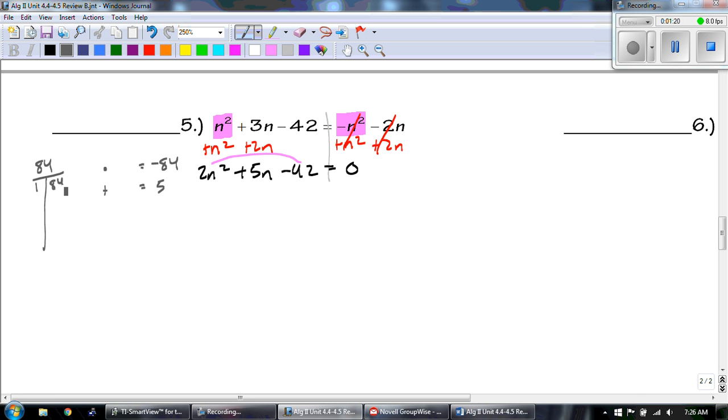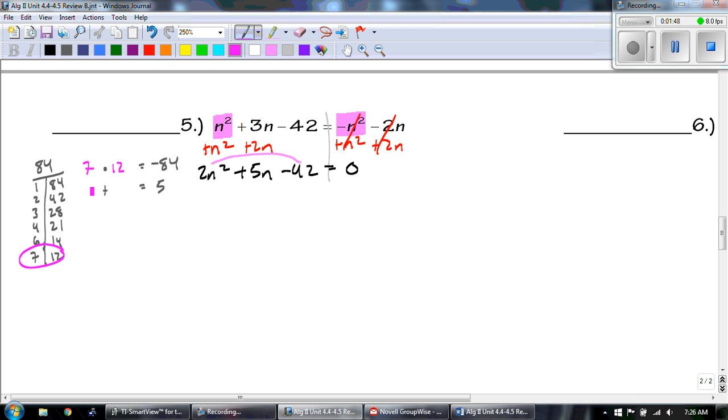1 times 84, 2 times 42, we just did that. Okay, 3 and 28, 4 and 21, 6 and 14, and then the last one is 7 and 12. So, is there a combination that gets us to 5? Yeah, 7 and 12.